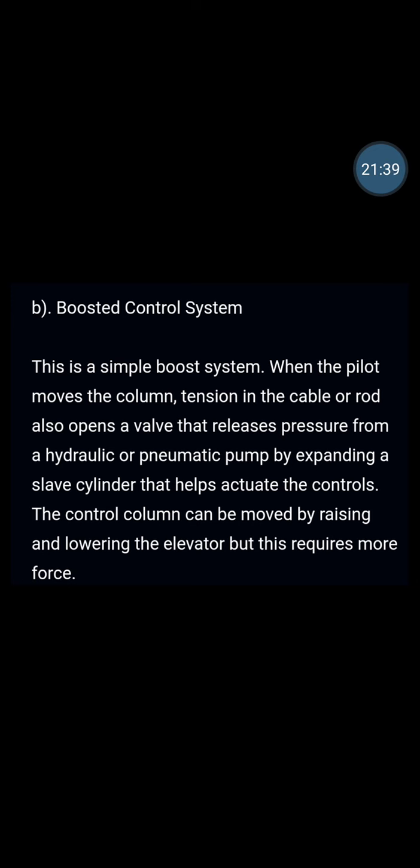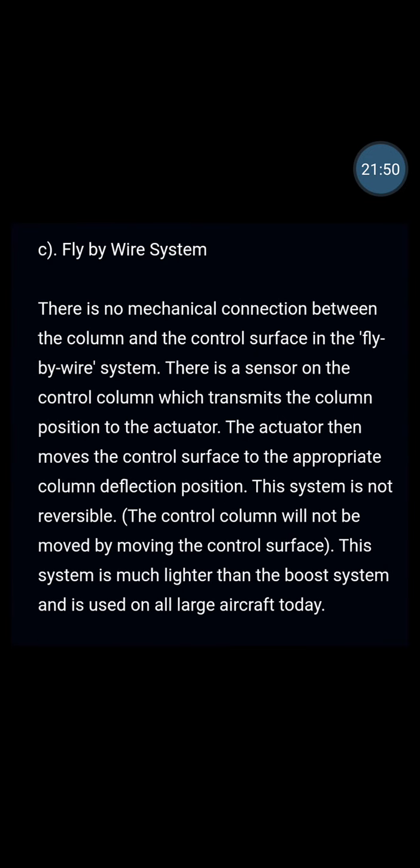The control column can be moved to raise and lower the elevator, but this requires more force.